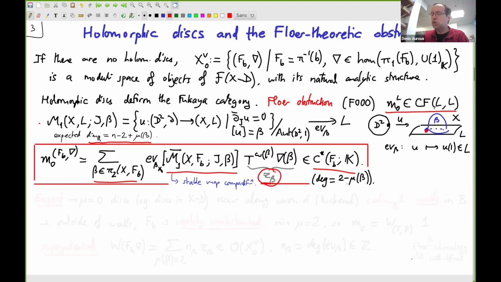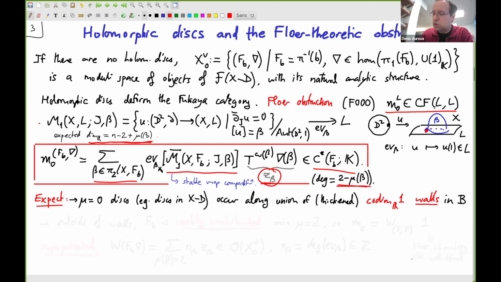And its cohomological degree will be 2 minus the Maslov index, just because that's the codimension of the evaluation chain you expect to get. And this, by the way, tells you why we don't care about disks of Maslov index more positive than 2. Those don't contribute to M0, and basically it's not clear that they're needed to actually understand the deformation. Once we pass to Hochschild cohomology later, they would end up in negative Hochschild cohomology, which usually vanishes.